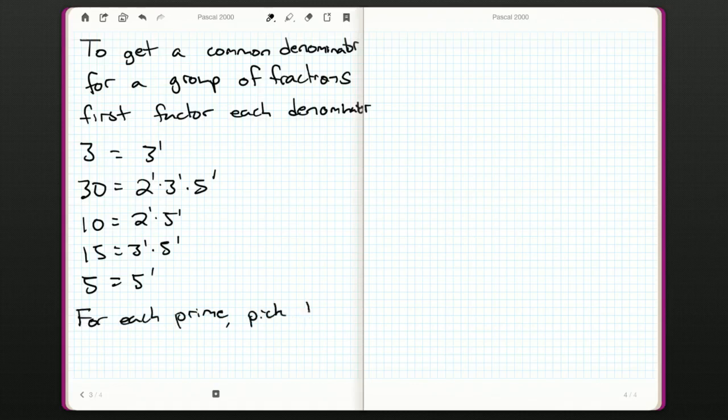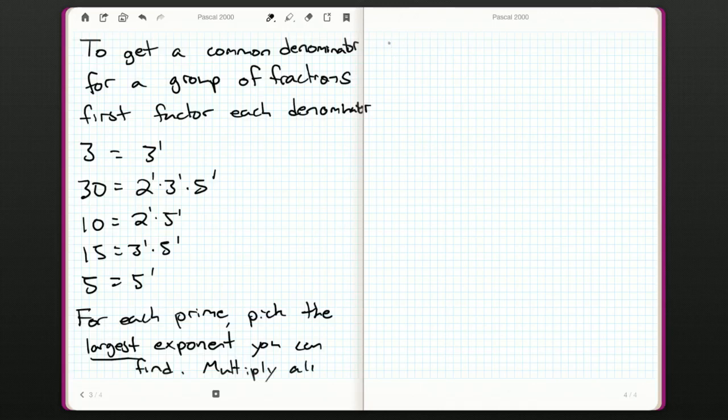Now, for each prime number, pick the largest exponent, and we're going to multiply all these prime powers together.